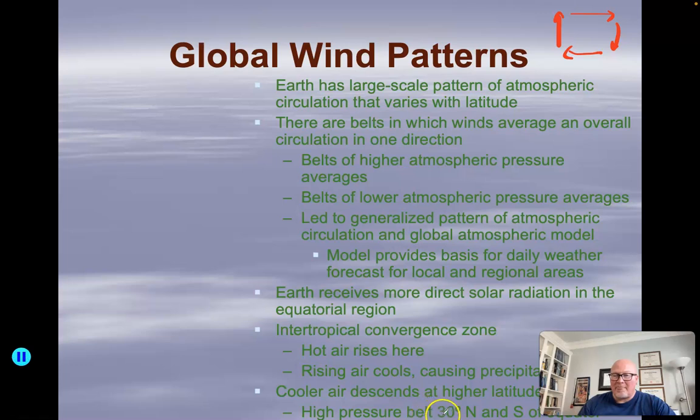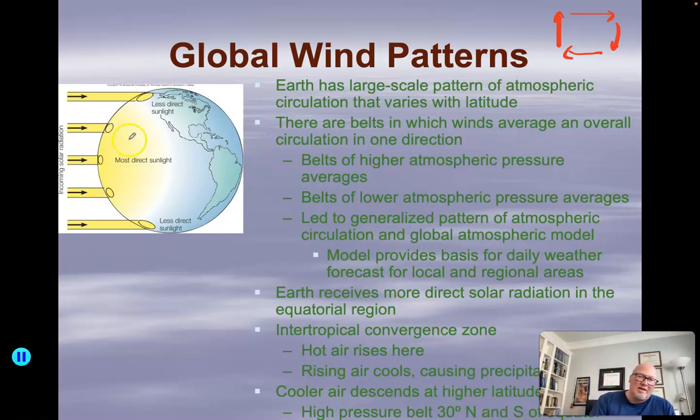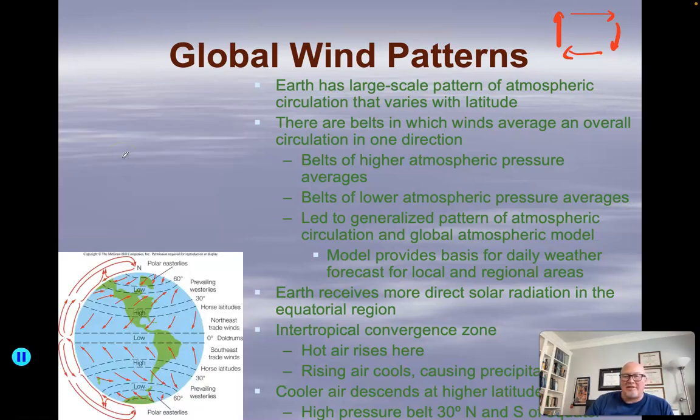And so you have areas of high pressure and areas of low pressure along global belts here. And here's the diagram. So as we end up with area heating and cooling and falling back down, that's going to create this pattern, these belts of winds that blow essentially in the same direction all the time.